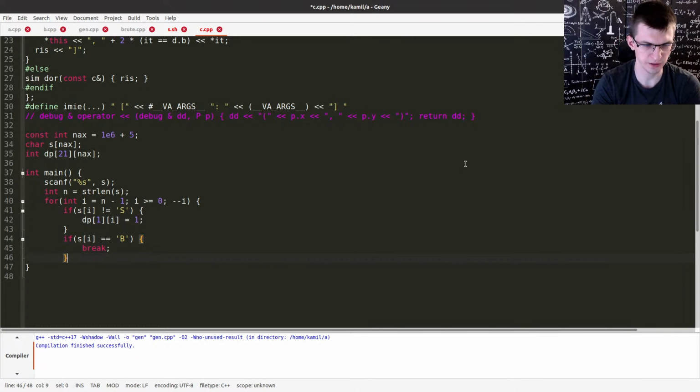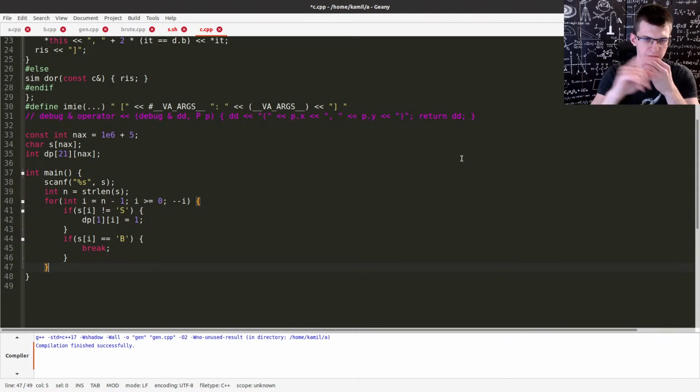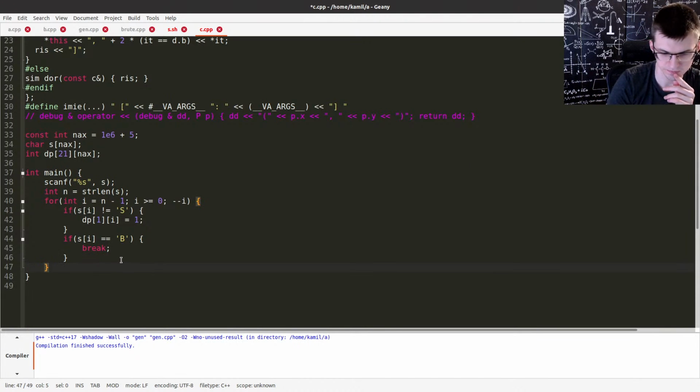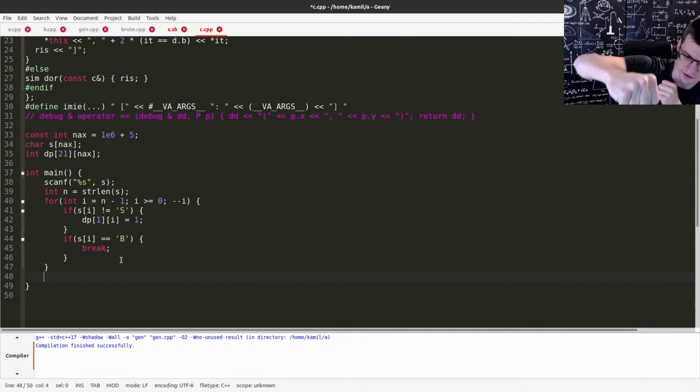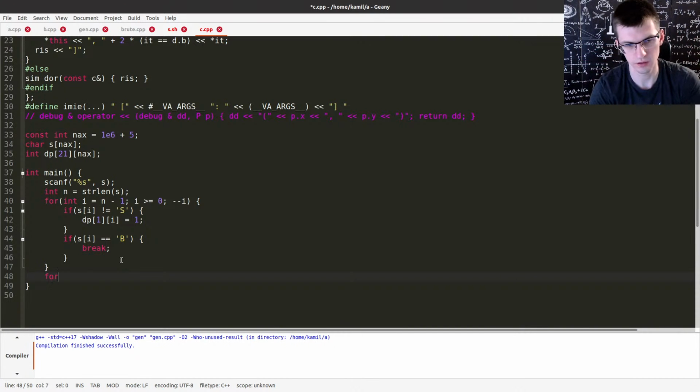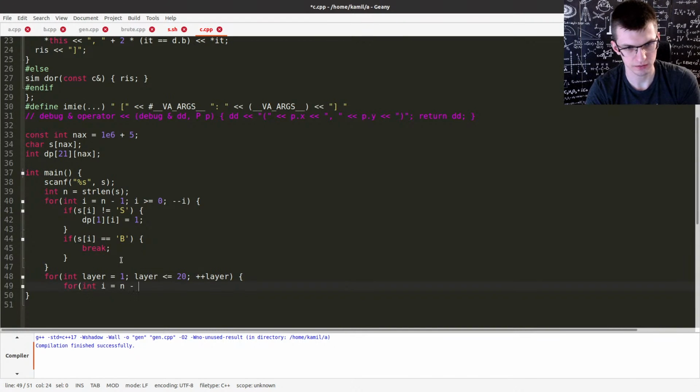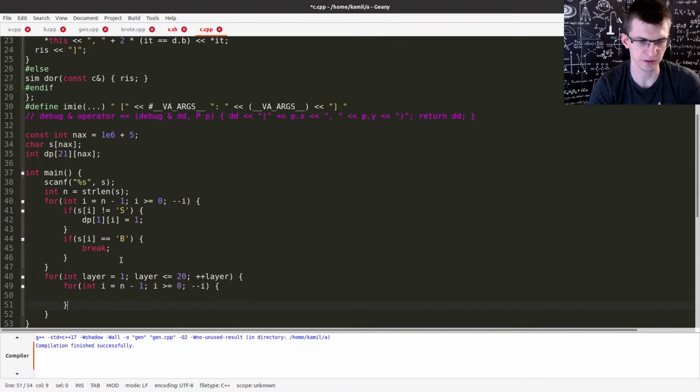And also if it's b, then break, because you cannot have the first b on the left. Now we have some first b. And we move from the right. Actually, that doesn't matter. We will move to future dps.